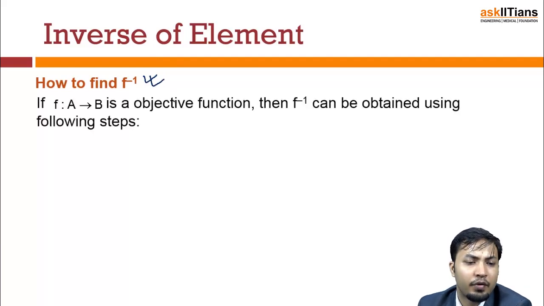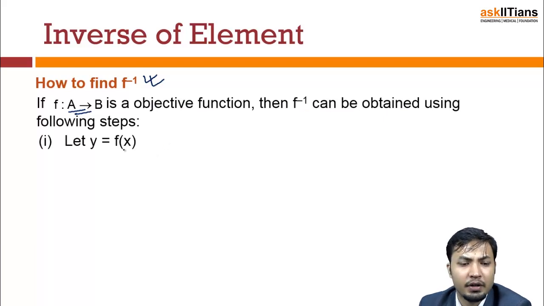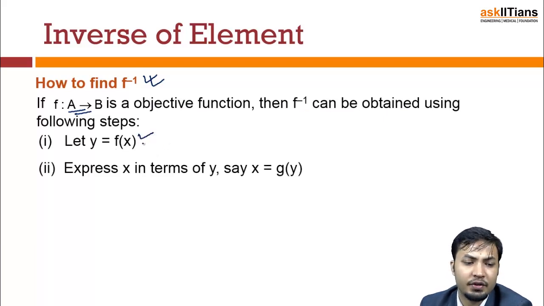First of all, I need to know that for a function f from A to B, if it is a bijective function, then f inverse can be obtained using the following steps. First, I let the function be y equals f of x, then express x in terms of y, say x equals g of y.